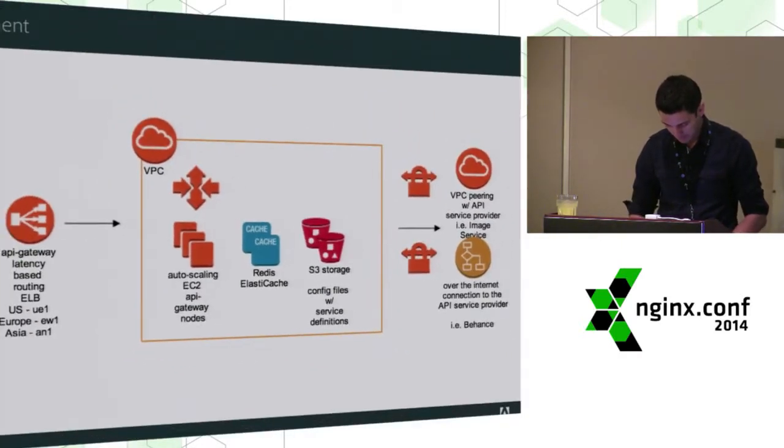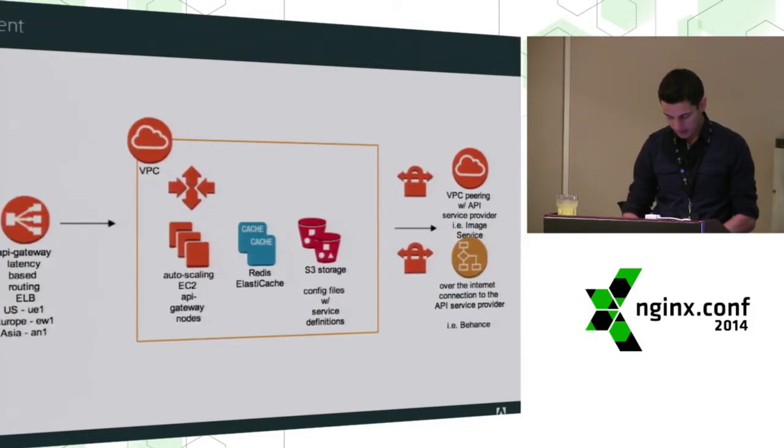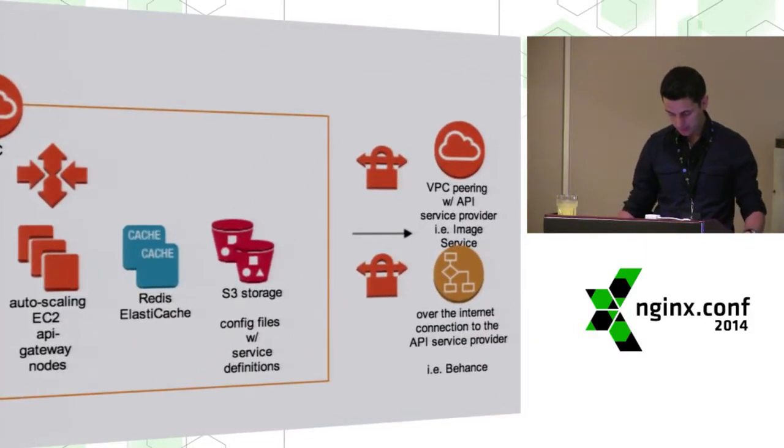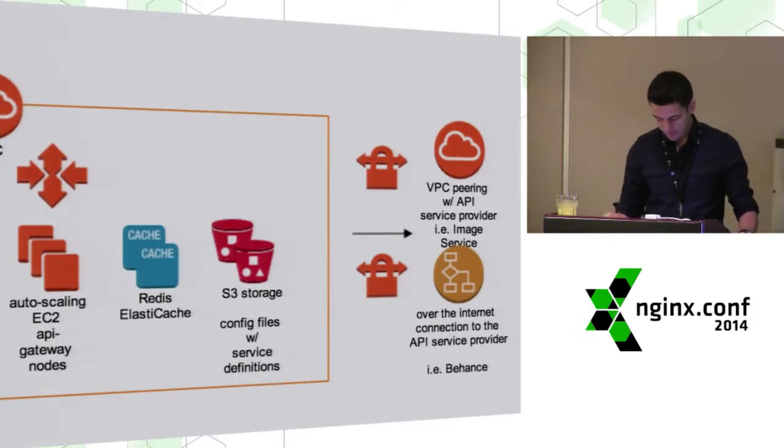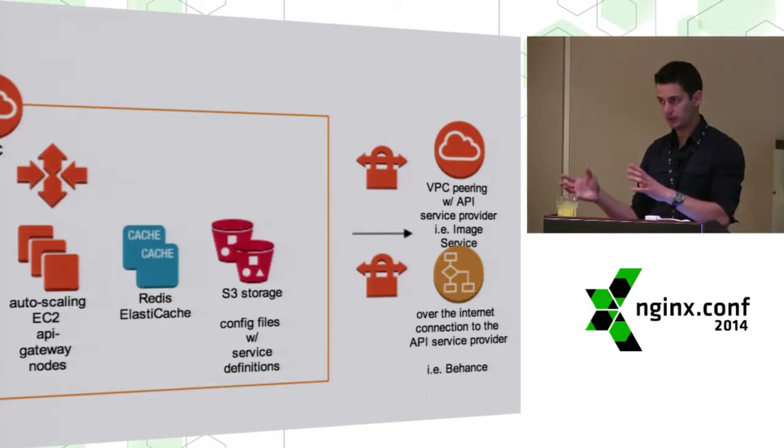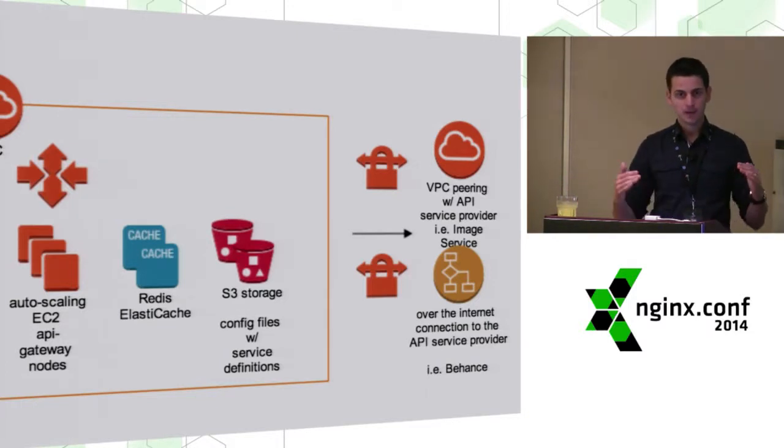All right, and then after the request comes here, it's validated by the gateway. The last part is just to send the request through to the API service provider. As you see here, I listed the VPC peering. I'm not sure if you're familiar with it. This is basically a service offering from Amazon where you can connect your own 2 VPCs, and then you assign some groups to those.